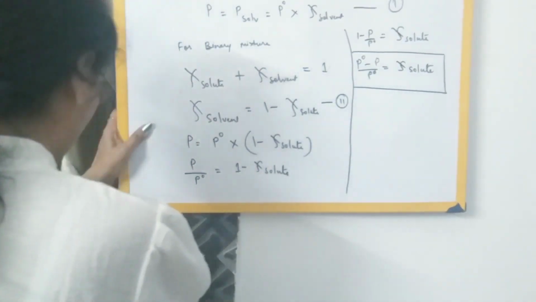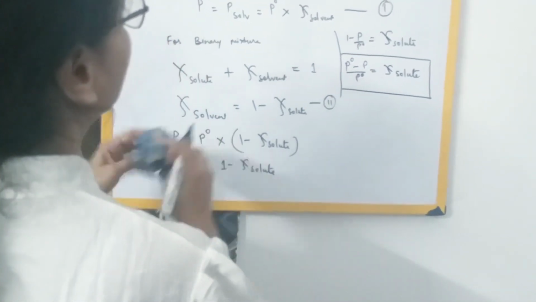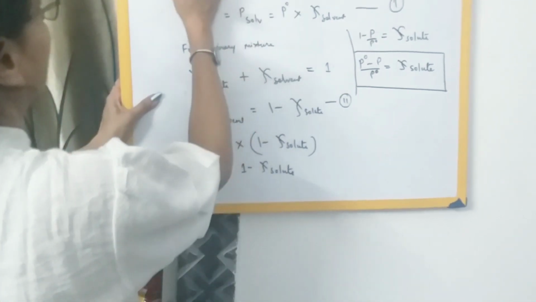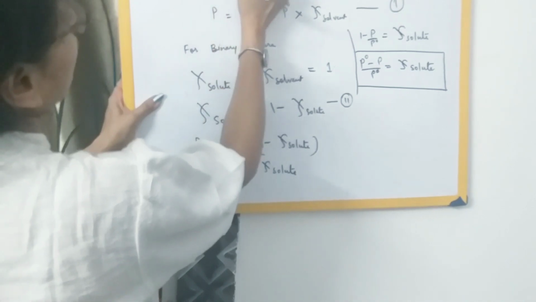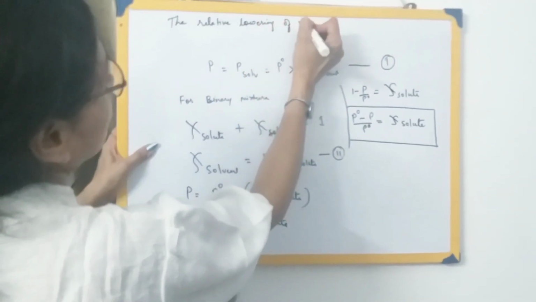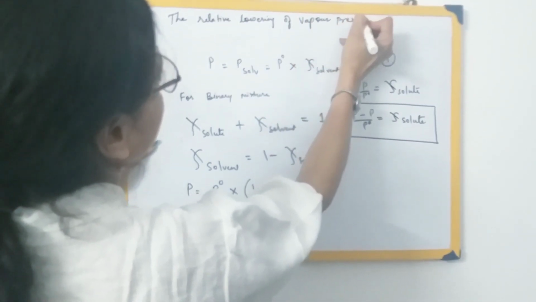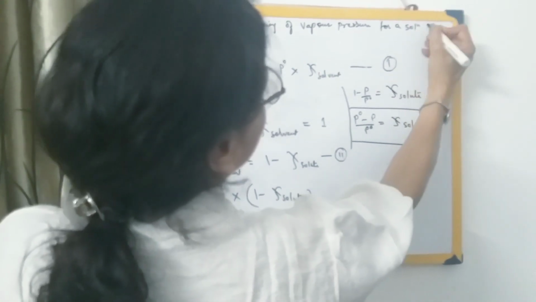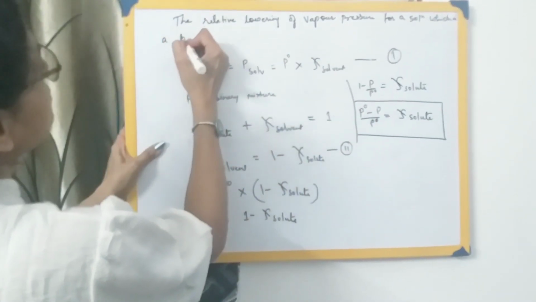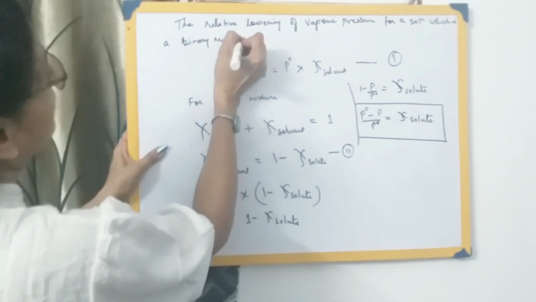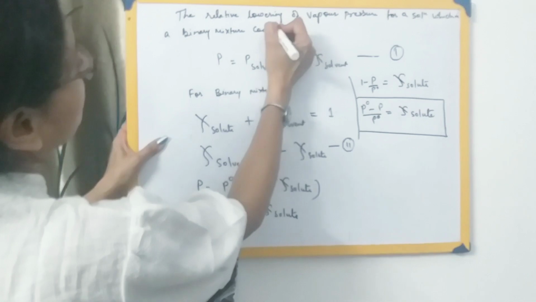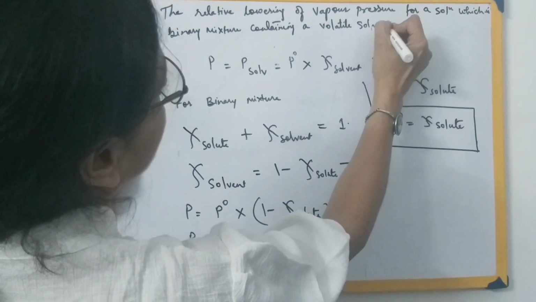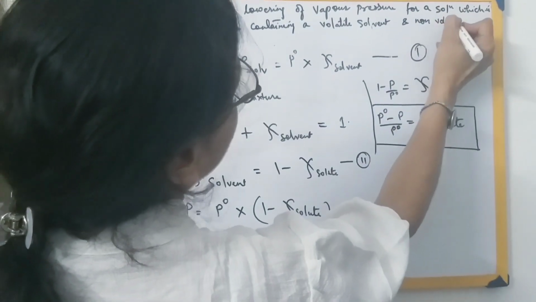Although it's a very big law, let me write it down so it will be more clear to you. Raoult's law for binary solutions: the relative lowering of vapor pressure for a solution which is a binary mixture containing a volatile solvent and non-volatile solute.